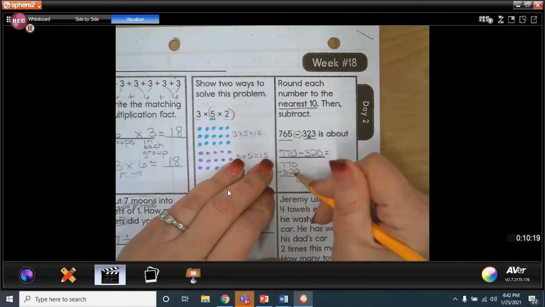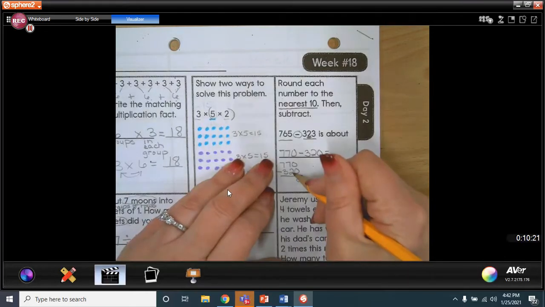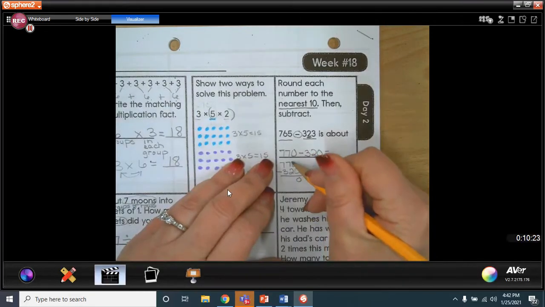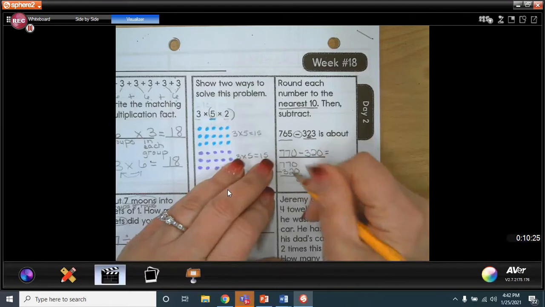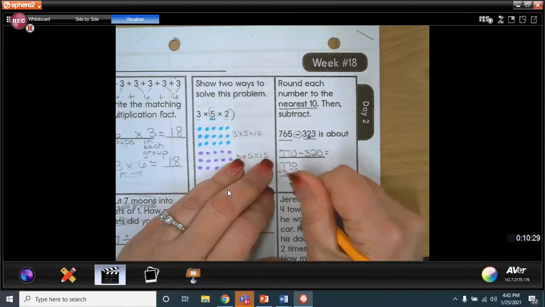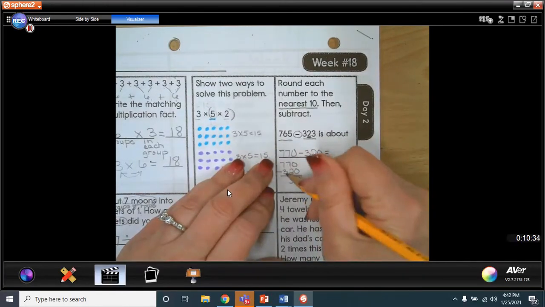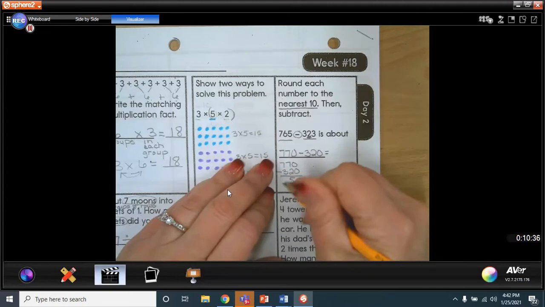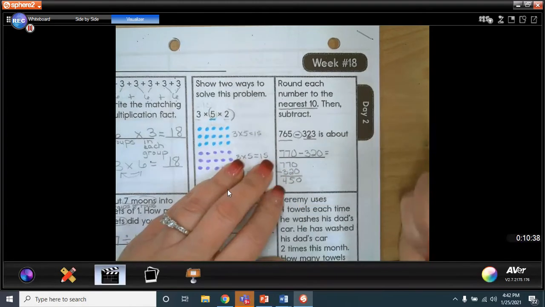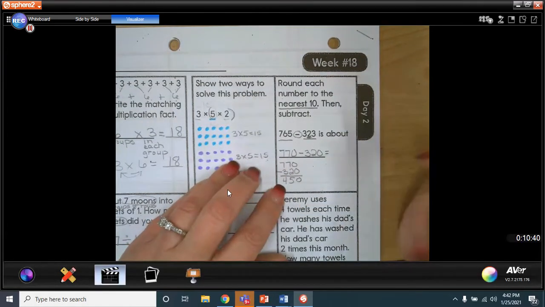There's 70 minus 20, and yes, we can subtract the 20 from the 70 because there are enough tens to subtract. So 7 tens minus 2 tens is going to give me 5 tens or 50, and 7 hundreds minus 3 hundreds is going to give me 4 hundreds.